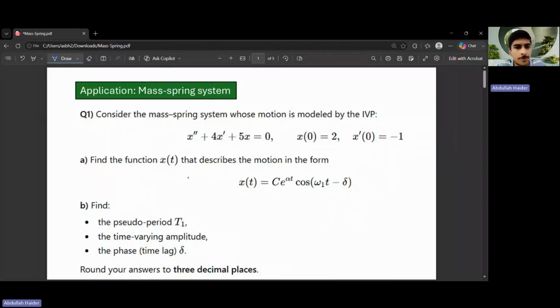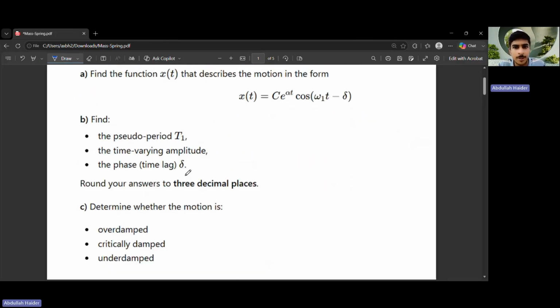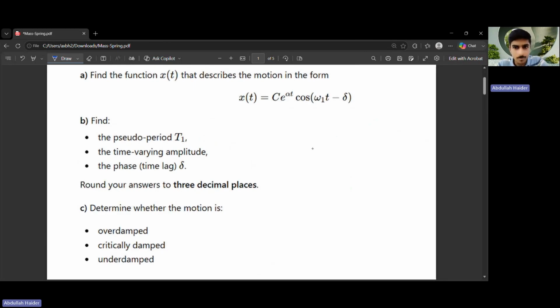All right, so now we'll move on to the last concept of chapter 5, which is the application in the mass spring system. So in the mass spring system, you have a block of mass m.